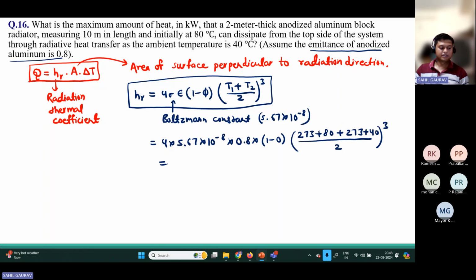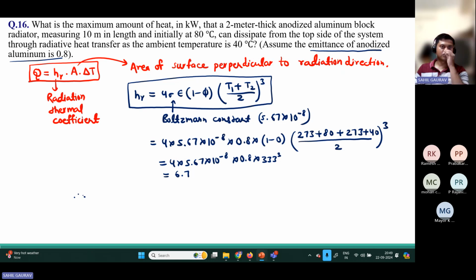So we will get 4 into 5.67 into 10 to the power minus 8 into 0.8 into 333 cubed. So you will get 6.7.